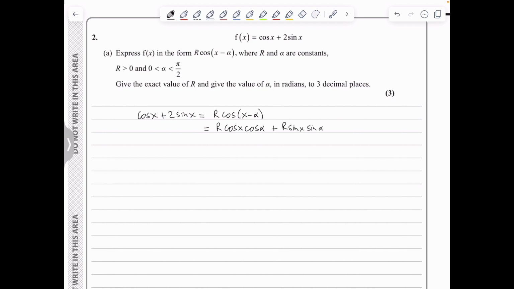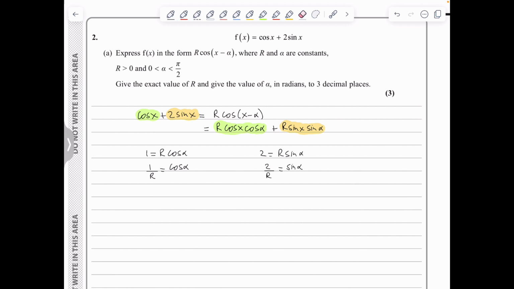I will then be equating the cos x term, so cos x must be equal to r cos x cos alpha, and similarly 2 sin x should be equal to r sin x sin alpha. So this means we've got 1 is equal to r cos alpha and 2 is equal to r sin alpha, which takes me to 1 over r is equal to cos alpha and 2 over r is equal to sin alpha.